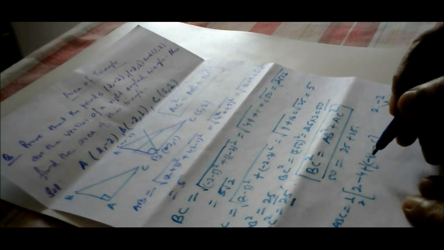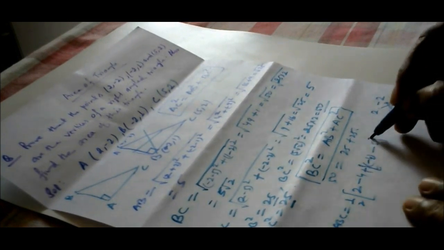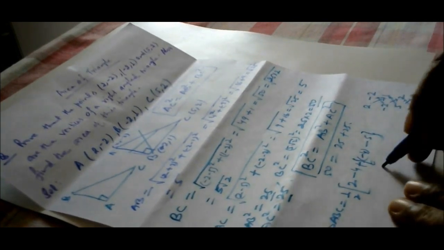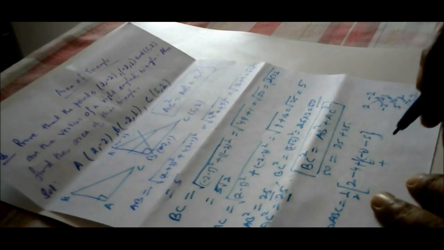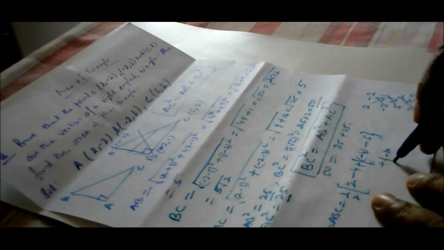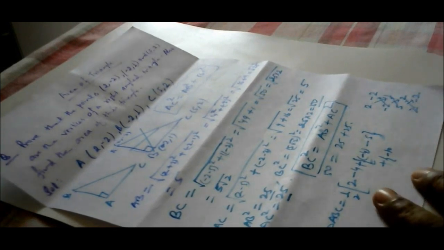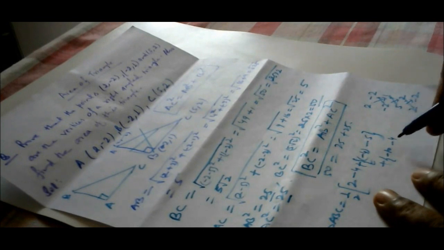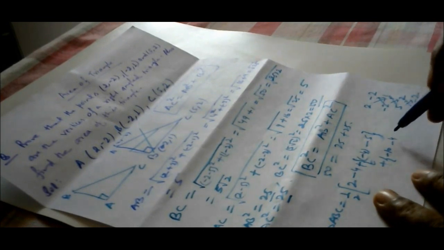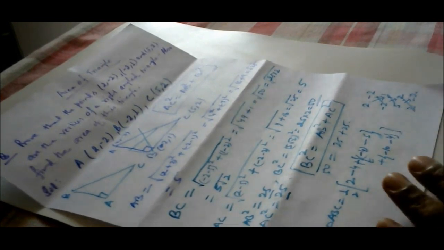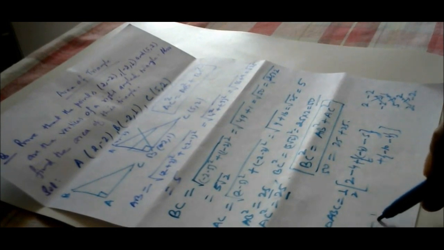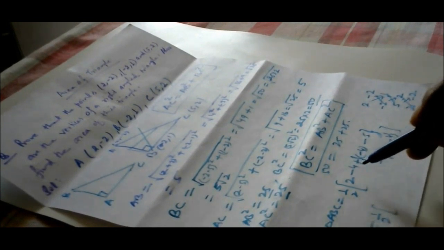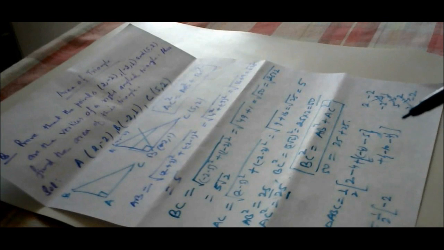Then plus 5 into minus 2, so minus 10. Again we will bring here minus 10, and then minus 4. In between minus will be there, so 2 into 2, 4. So it will become half, then 2 minus 4 is minus 2.